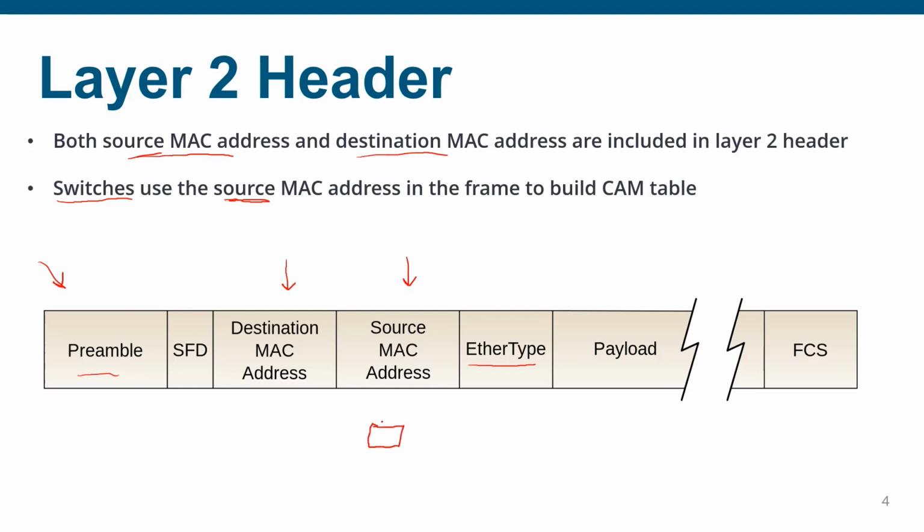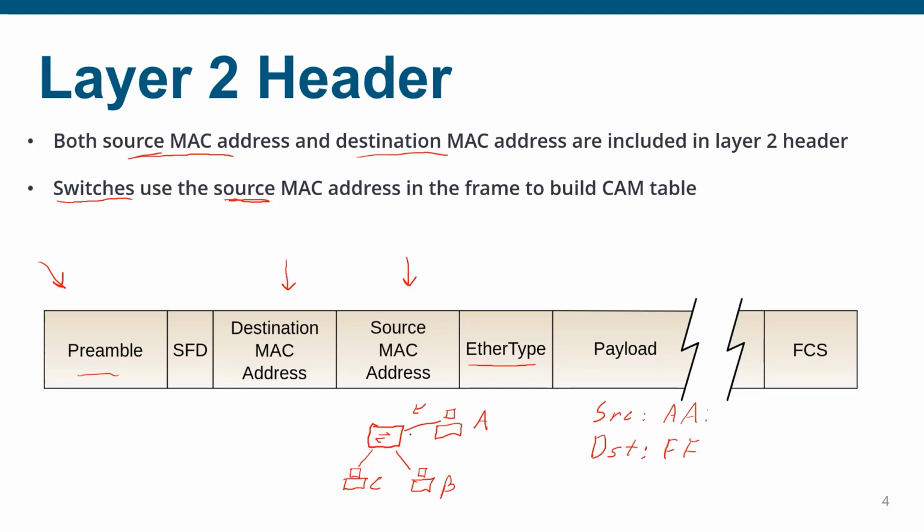Recall our switch, and if we have multiple computers connected to our switch, let's say this is computer A, B, and C. If computer A is sending out a frame, it has a source of MAC A. We're just going to say it's all A's. And a destination, let's say it's just sending a broadcast. So it's all F's, right?